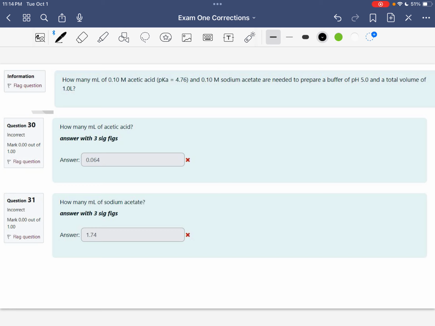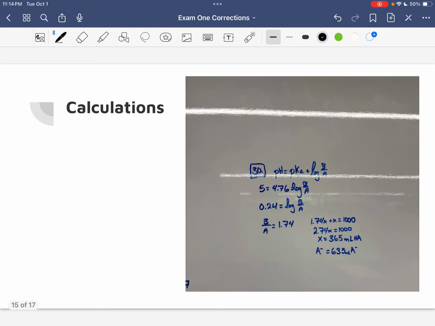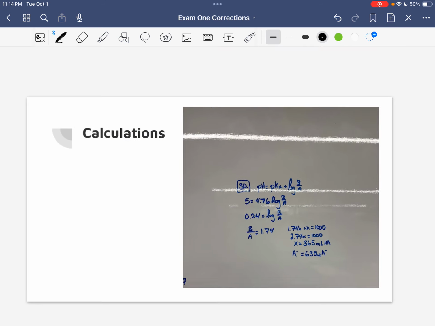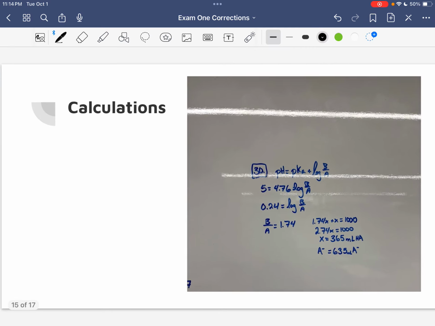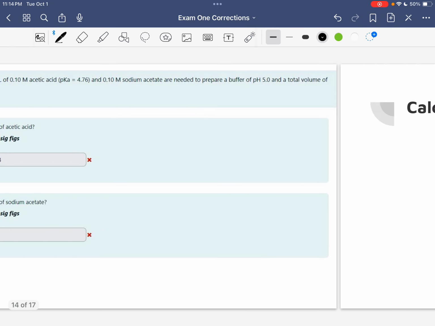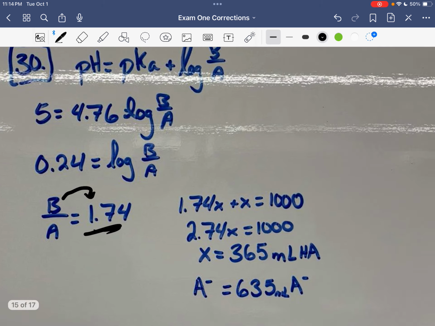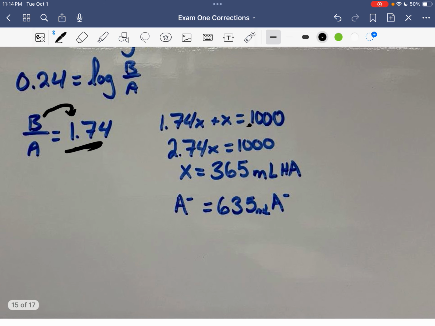Following up, we have these two questions. So I started out here, used the equation, started over, but I was flipping things around, so I got the base wrong. This should be the base concentration right there. And then going from there, we had to get it into 1,000.